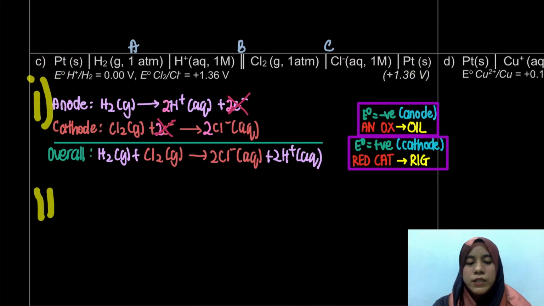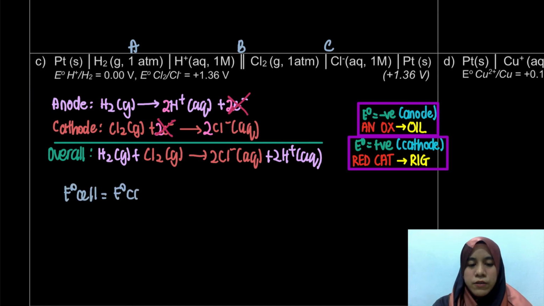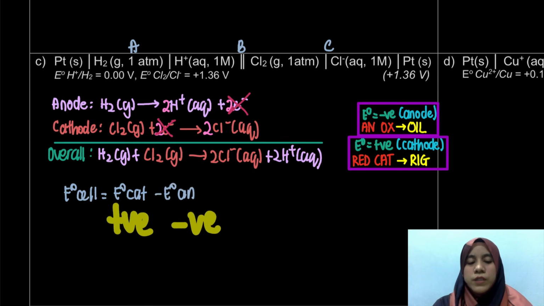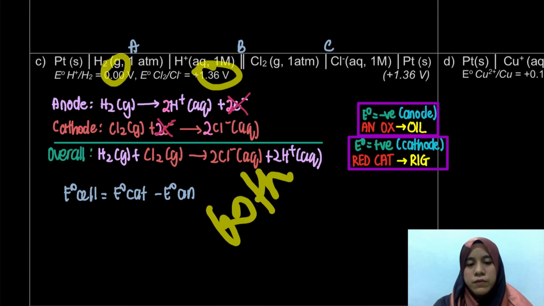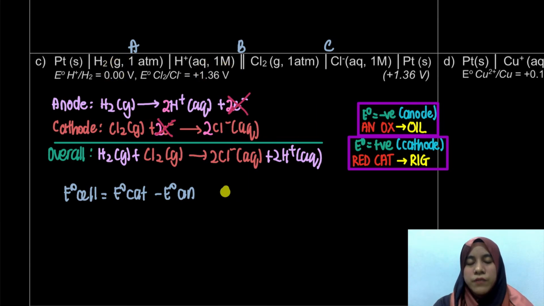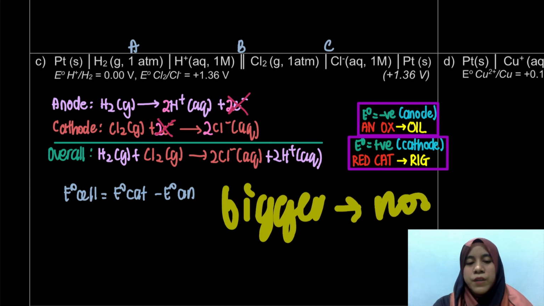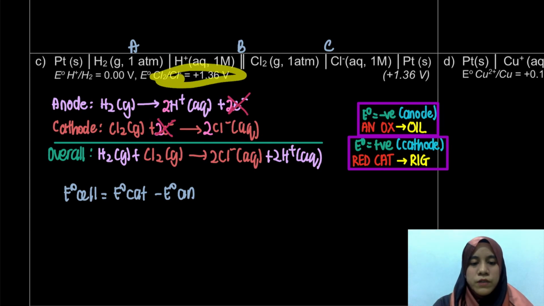The second question is the E naught cell. Kakak tolak adik. E naught cathode minus E naught anode. So to double check it again, cathode must be the more positive, anode must be more negative. So since both are positive, we will take the bigger value to be the more positive. So this one, chlorine is more positive, so this is the cathode, and hydrogen is anode.